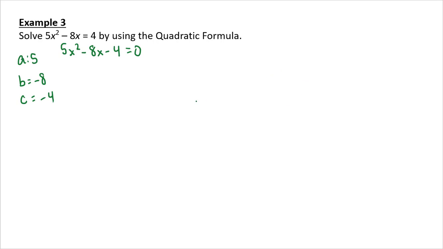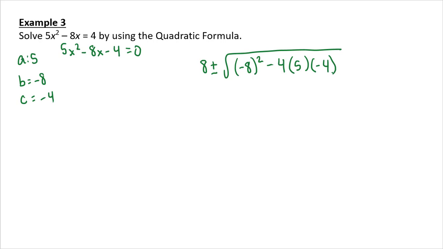Hopefully you pause the video like I asked. So opposite of B is 8 plus or minus the square root of b squared minus 4ac all over 2a.